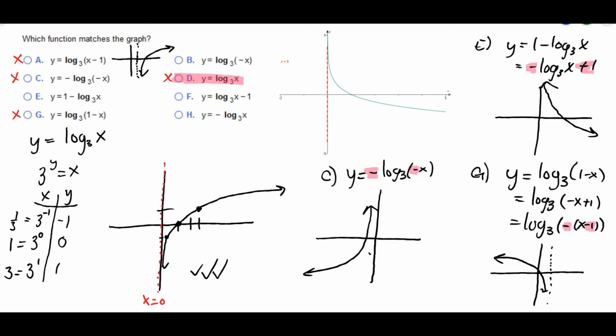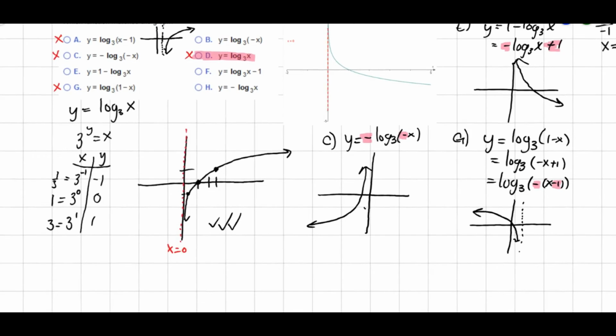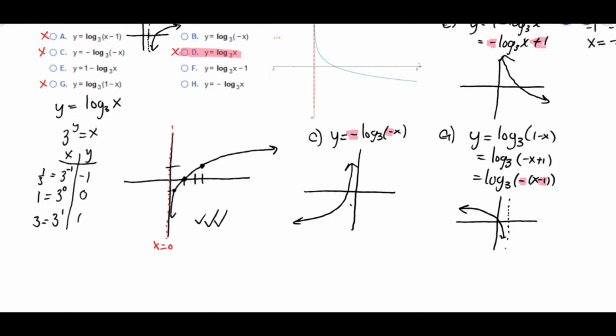Okay, let's see. Answer choice B is y equals log base 3 of negative x. That negative reflects horizontally.